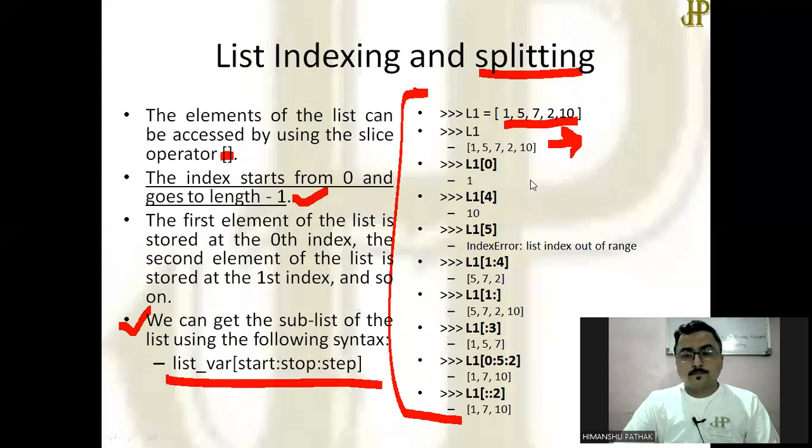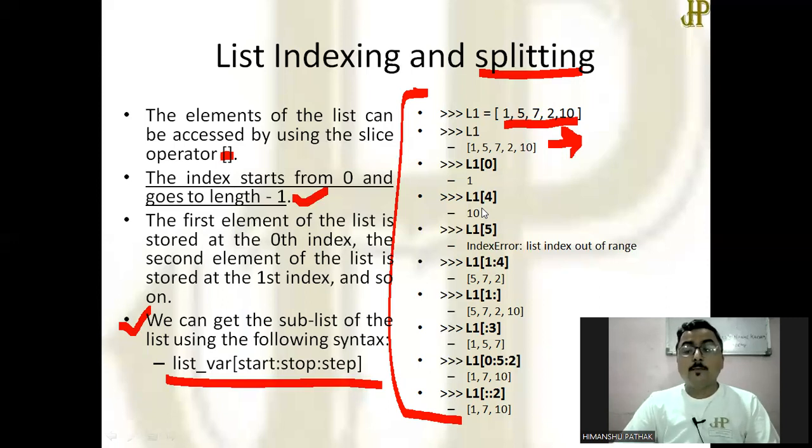Now, this is already discussed. L1 of 0th position: for the 0th position, 1 will be printed. L1 of 4th position: it means the 5th element. 0th position, 1, 2, 3, 4. So it will print the 4th position element.